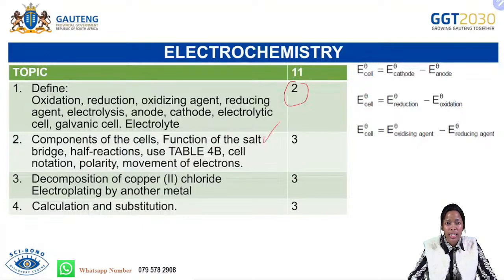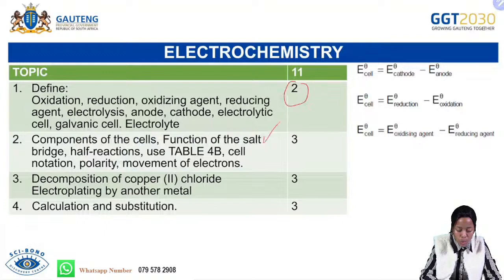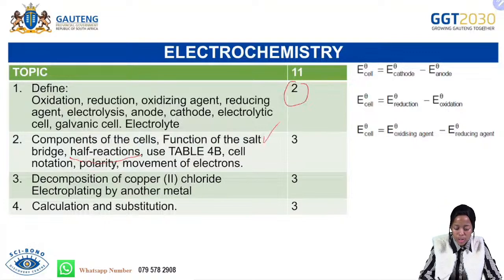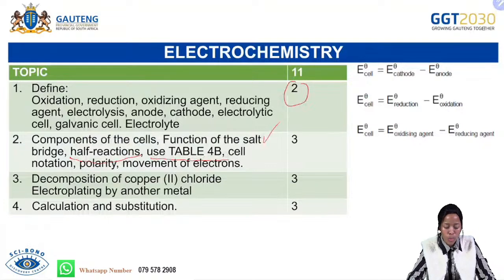Very important, we cannot do electrochemistry without knowing or writing the half reactions, so make sure that you know how to write them, for both the galvanic cell and the electrolytic cell. You have an option of table 4A or table 4B. Whichever one you use, make sure that you know how to use it correctly.